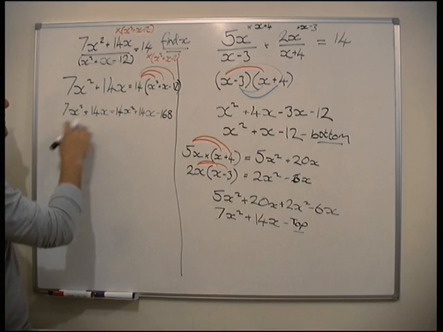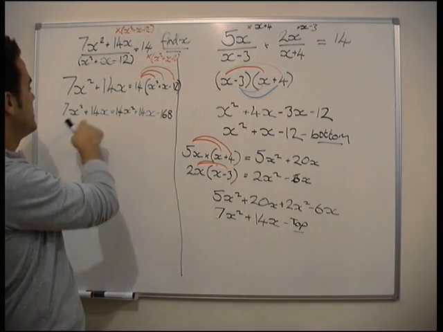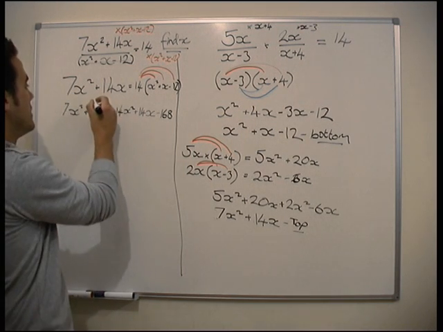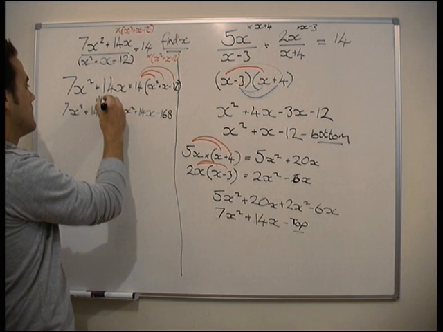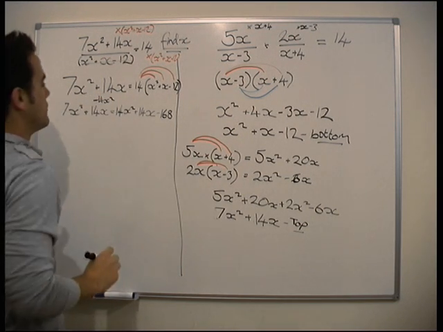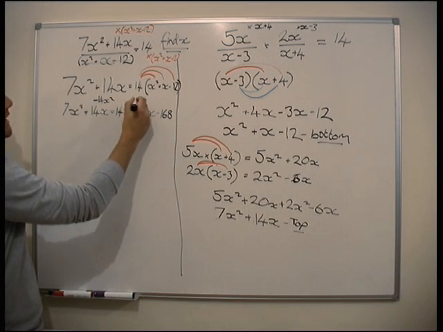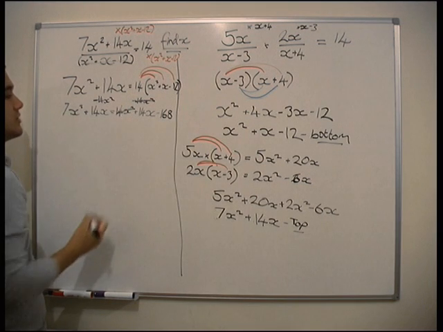Now we've got this, we can start getting everything on the same side. Let's make sure the x squareds are on the same side. We'll leave the number on this side and we'll get all the x's on this side. So I need to take away 14x squared from that side, and I'm going to take 14x squared away from this side. So that will just cancel out.